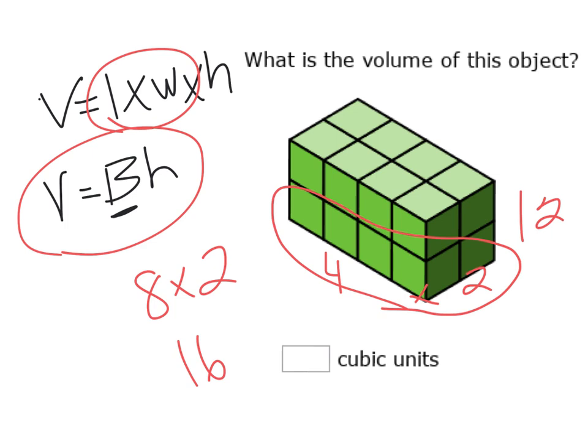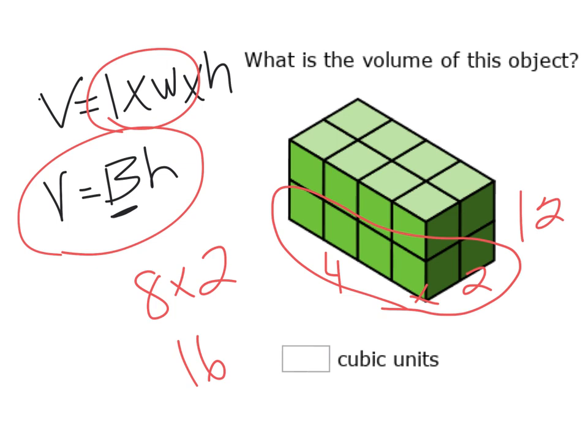Sometimes they'll just straight ask you for the volume. And if it's just a straight volume question, then go with your formulas, length times width times height, or S times S times S if it were a cube. But if it's talking about the base, then maybe you switch gears a little bit and you think about that bottom layer.